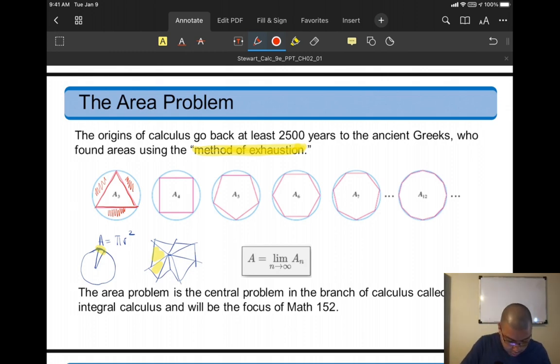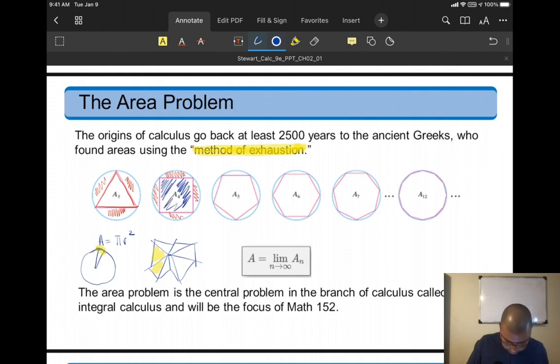If you do a square instead, right, and you can call it A4, the area of the square, you can see that the difference is smaller, right? You're much closer to the area of the circle than you were before. You call the area of this square here A4.